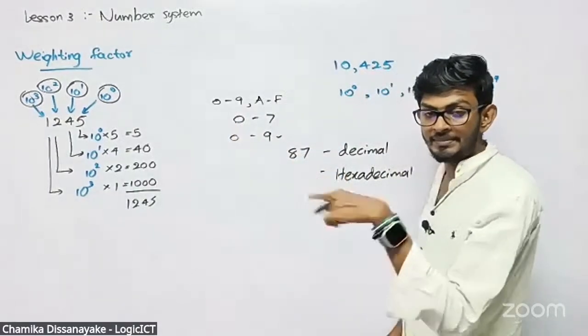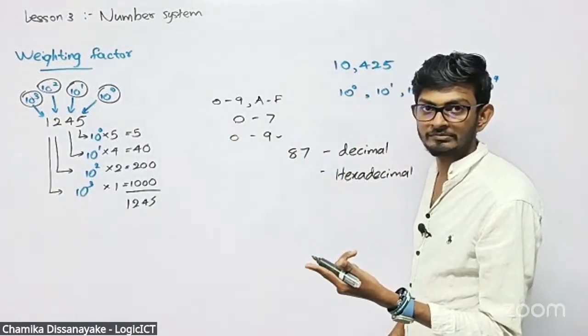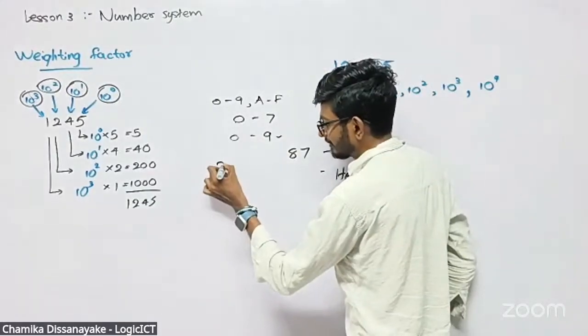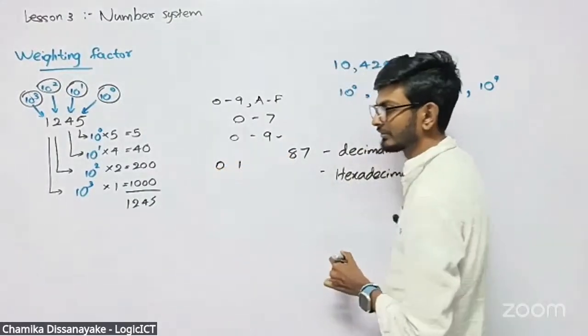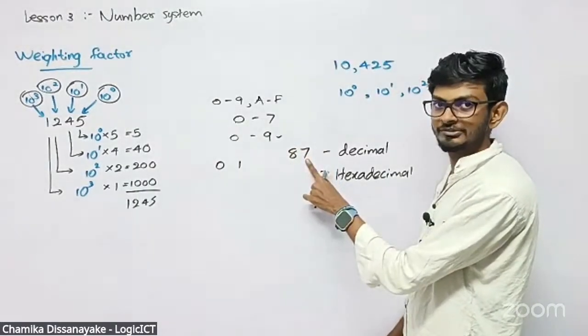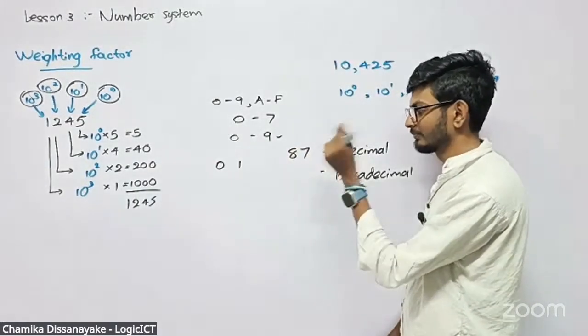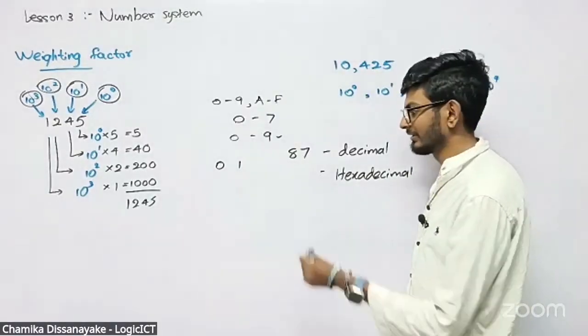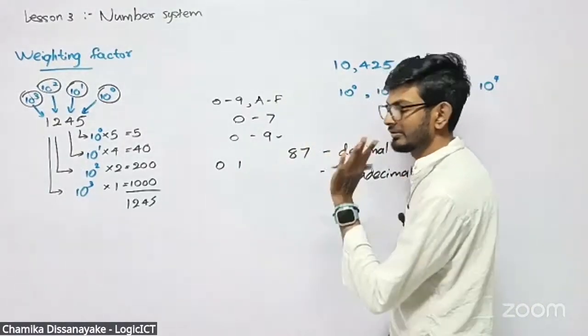And what is the other number system? Binary. That means we have only 0 and 1, guys. We don't have 8 or even 7, so this cannot be the binary number system.